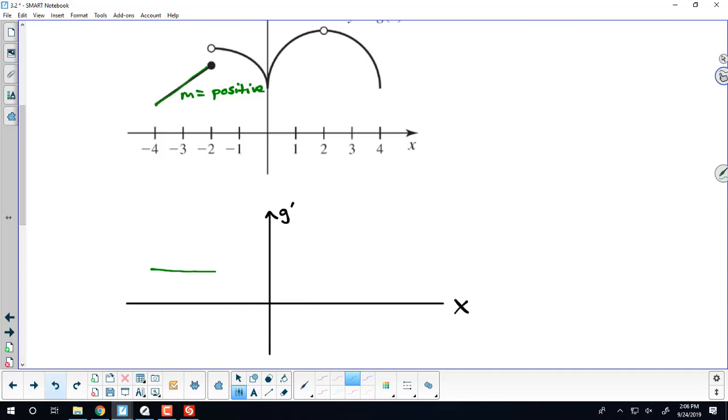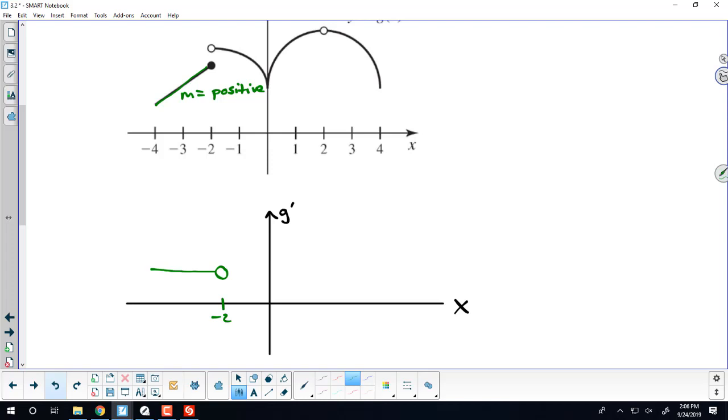Okay. Well, what happens when we get up to the next value of -2 on this line segment? It jumps, right? So we have to illustrate that our derivative is undefined there. Your derivative is undefined at corners, vertical tangents, and discontinuities, be they holes or jump discontinuities.